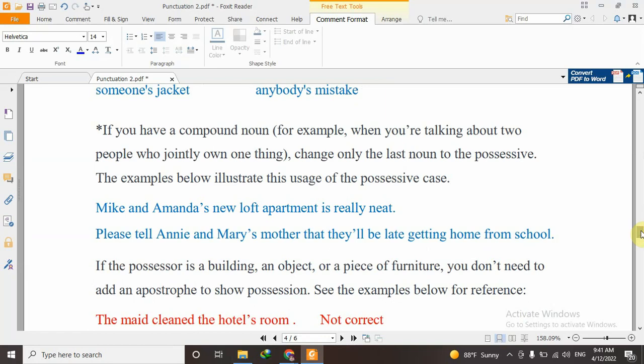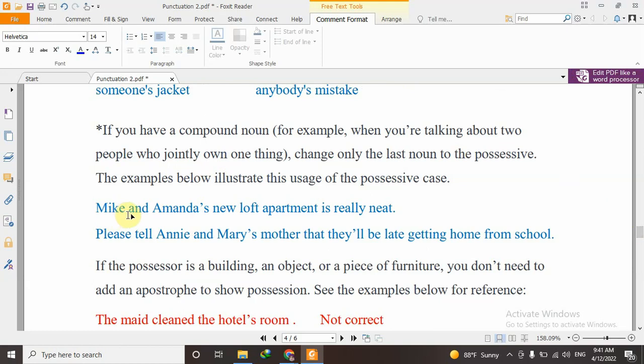When I say, for example, Mr. and Mrs. Smith's car, the car belongs to both of them. In this case, I am going to change only the last noun to the possessive.